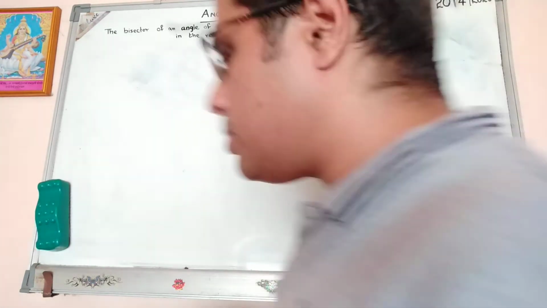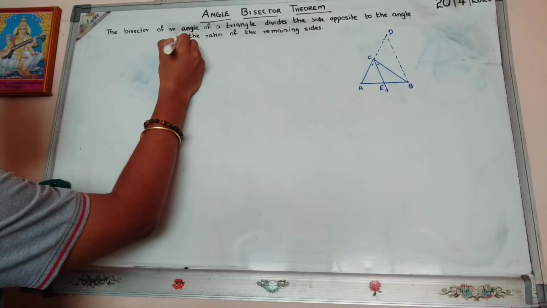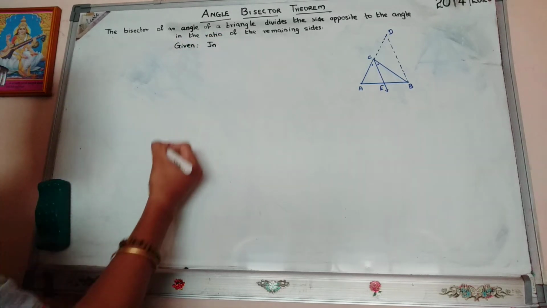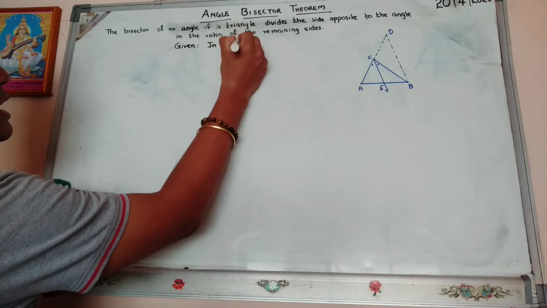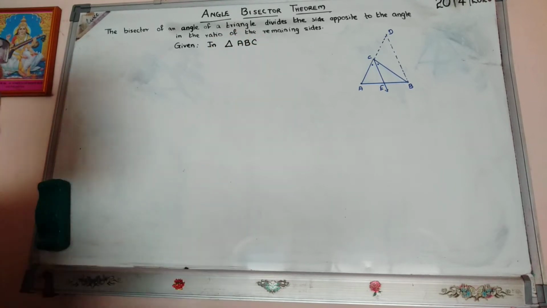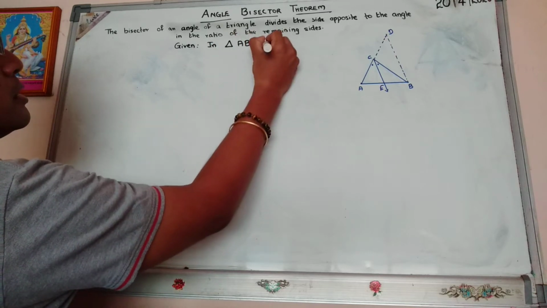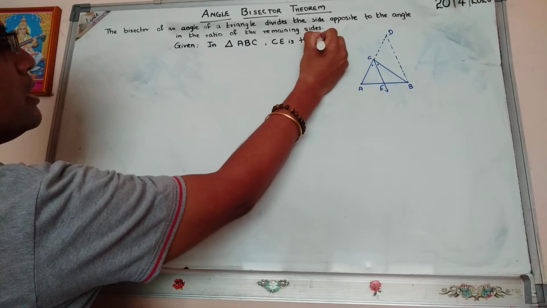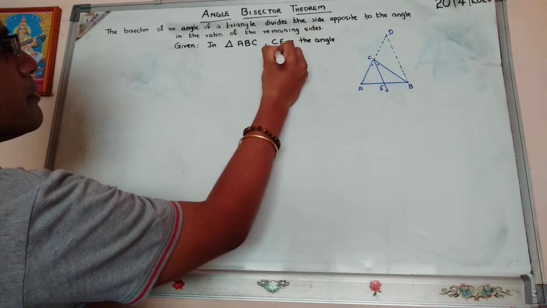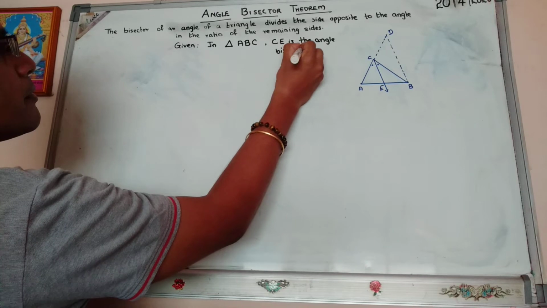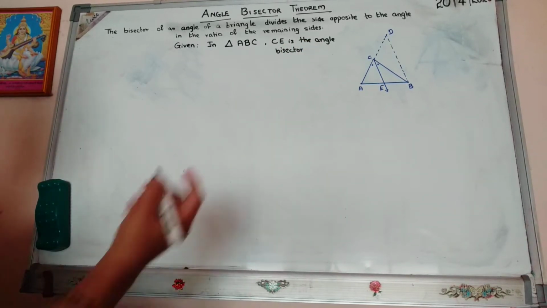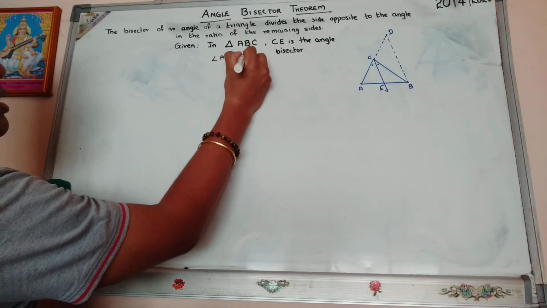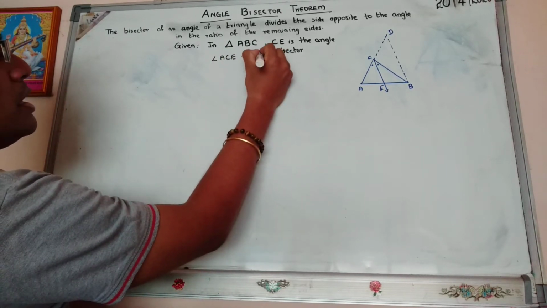Let's just write the given part. Given in triangle ABC, CE is the angle bisector. So obviously we know angle ACE is congruent to angle BCE.